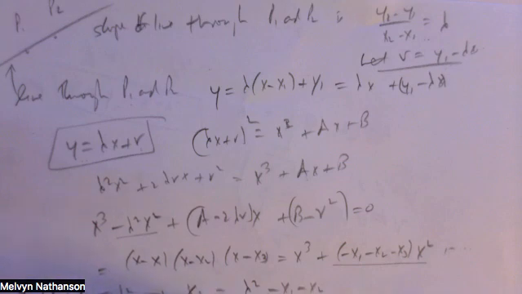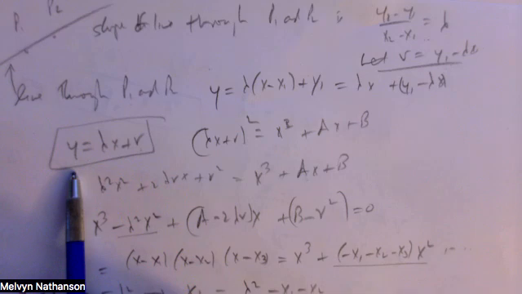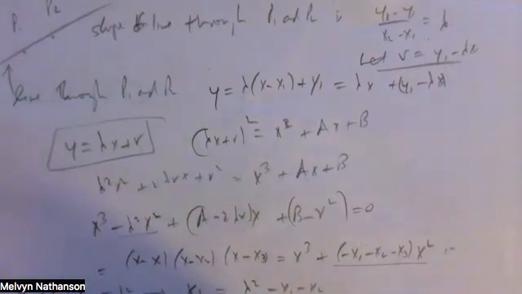So this is x3 and y3. Y is lambda x plus nu, so y3 is lambda x3 plus nu.